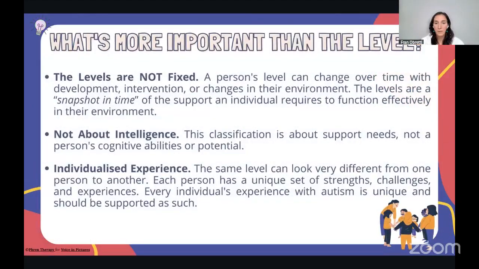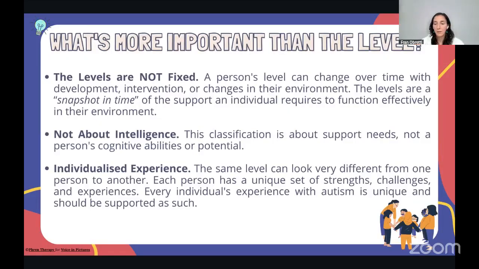So what's more important than the levels? What's important to understand is that these levels are not fixed, are not set in stone. A person's level is going to naturally change over time because of their development, because of intervention, and because of changes in environment, a change in the family dynamic, a transition to a new school.